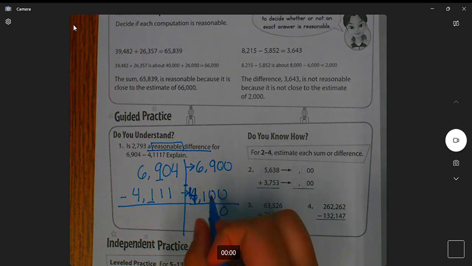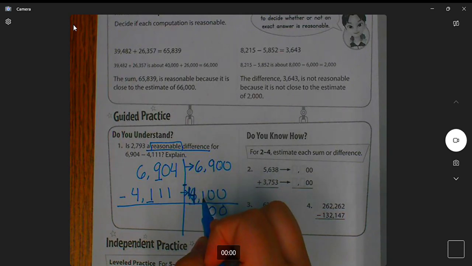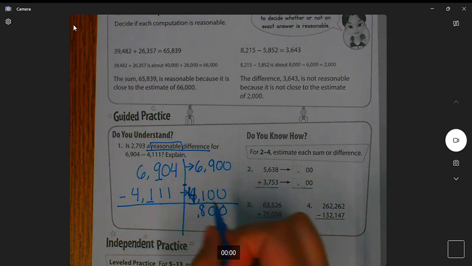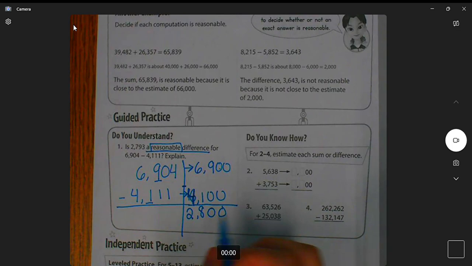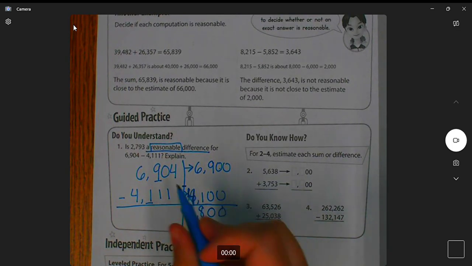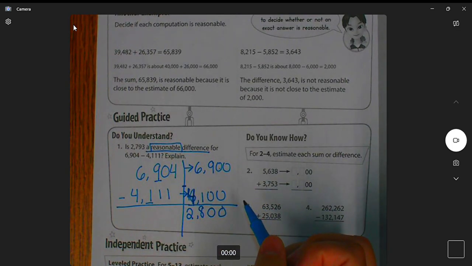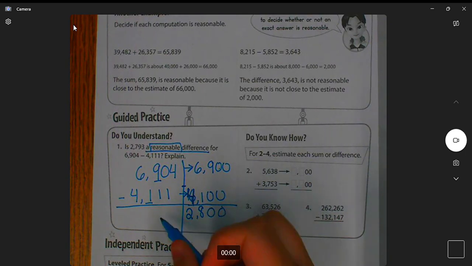Right, it's 0. 9 take away 1? 8. 6 take away 4? 2.